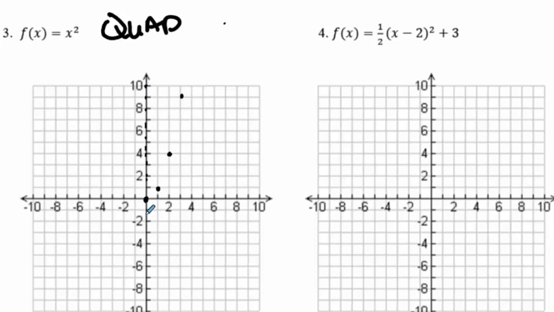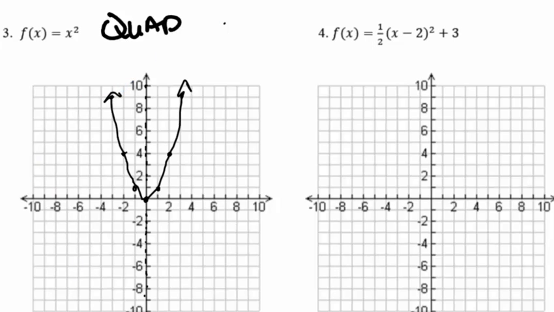And we get an axis of symmetry right down the x equals 0 line, so I get the same exact thing on the other side. And there we go, there's our quadratic function, y equals x squared, and it makes this nice parabolic curve, right?